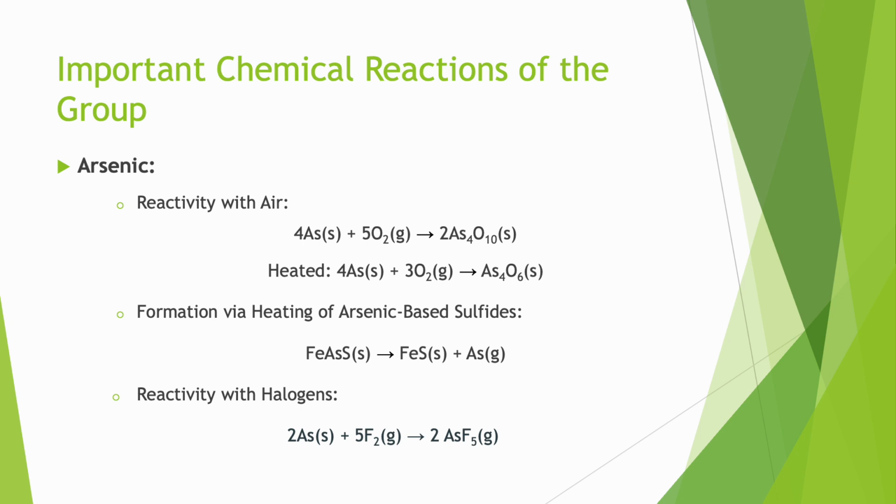When heated in oxygen, arsenic ignites to form arsenic pentoxide, which is actually tetraarsenic decaoxide. Arsenic is mainly obtained by heating arsenic-containing sulfides. Arsenic reacts with fluorine to form the gas arsenic pentafluoride.